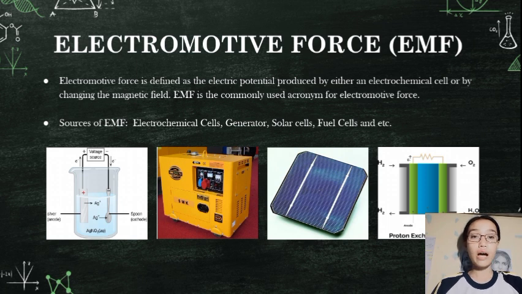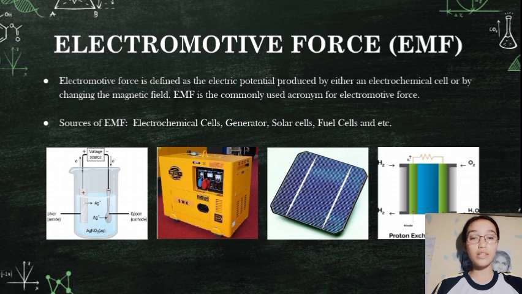So imagine a water fountain. The pump in the fountain does work to move the water uphill against the force of gravity. So this work done by the pump is analogous to the energy provided by an EMF source. So imagine the water fountain as the EMF.